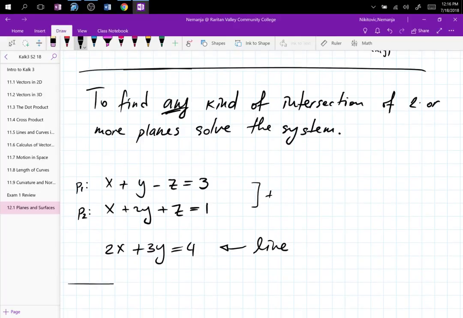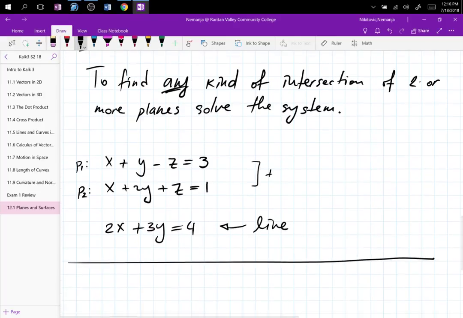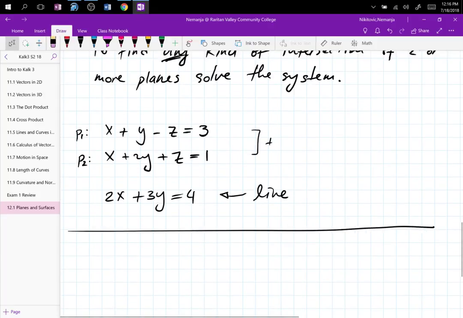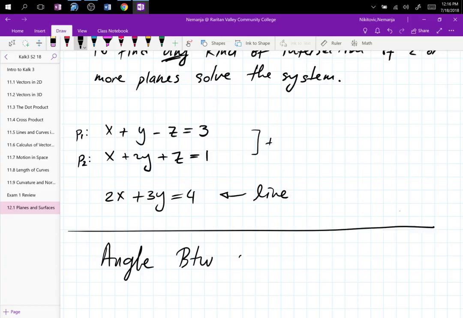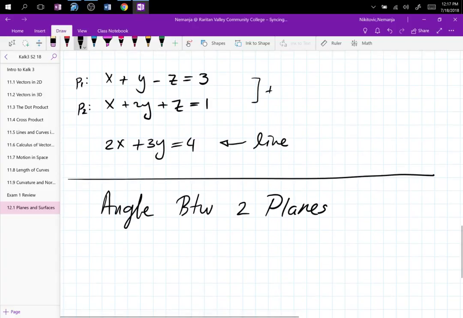Now, the angle between two planes. To find the angle between two planes, what would you do?